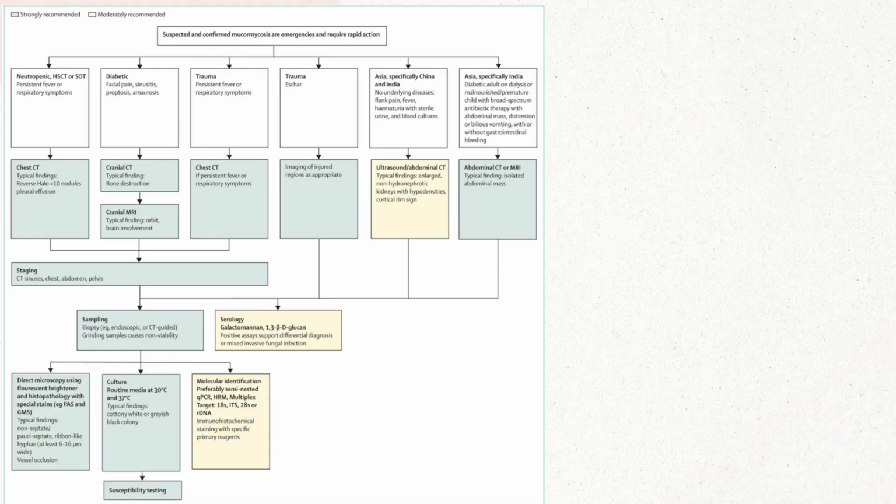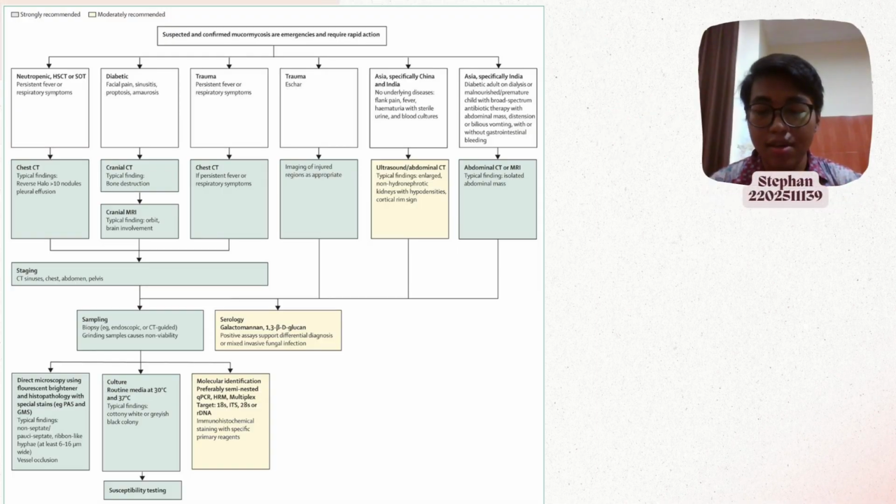Okay, so on this slide, you can see the diagnostic pathway for mucormycosis. On the top part, you can see there are multiple scans being conducted. One of the most common signs we are looking for is known as the reverse halo sign, or RHS, which is the most common sign of mucormycosis. On the bottom part, you can see there are multiple more specific examinations, such as direct microscopy with fluorescent brightener.